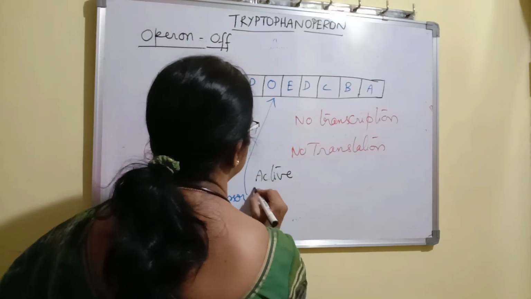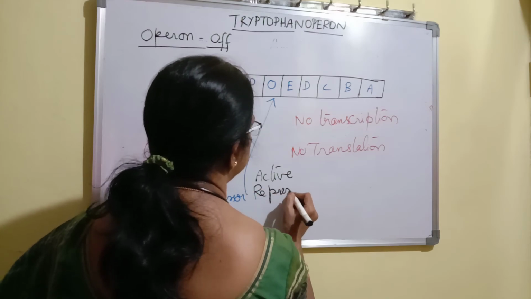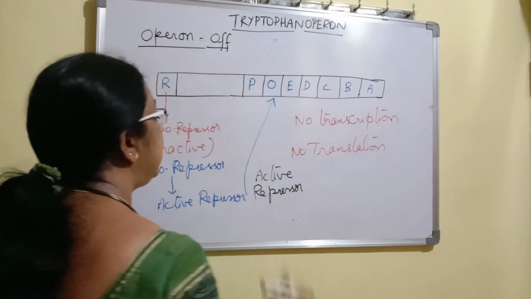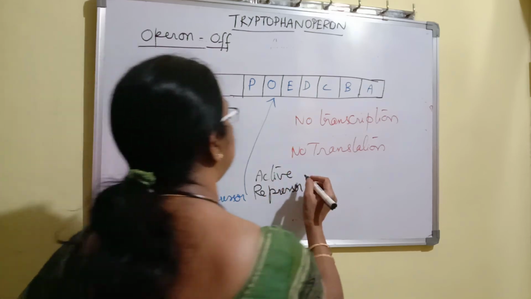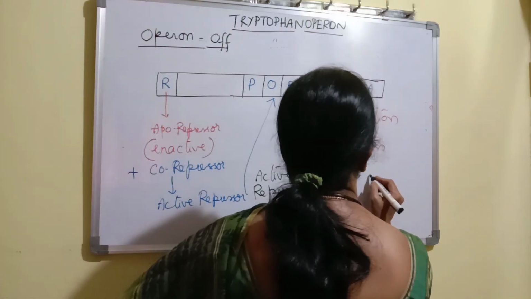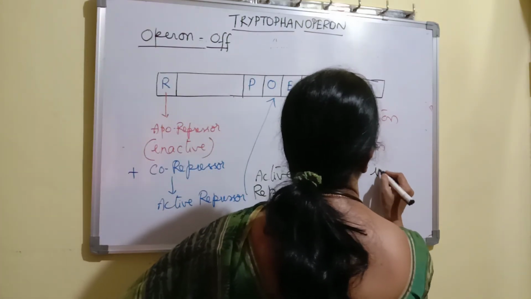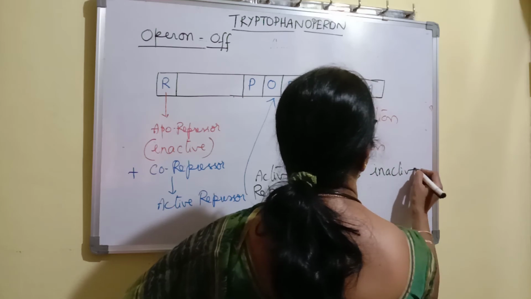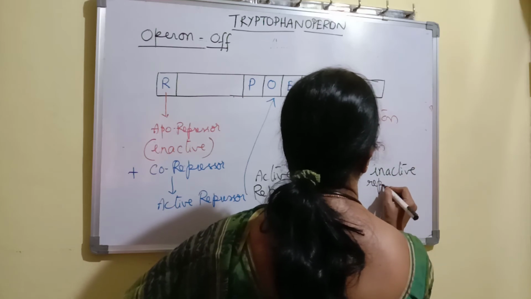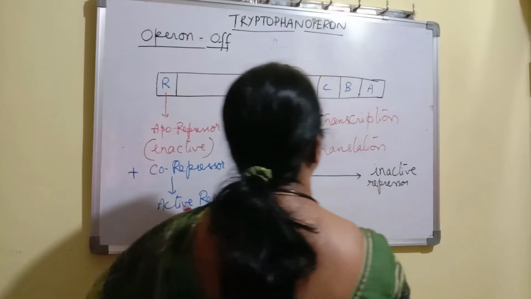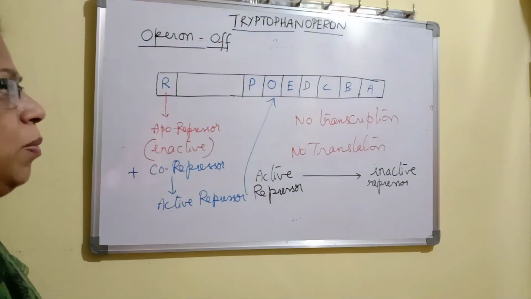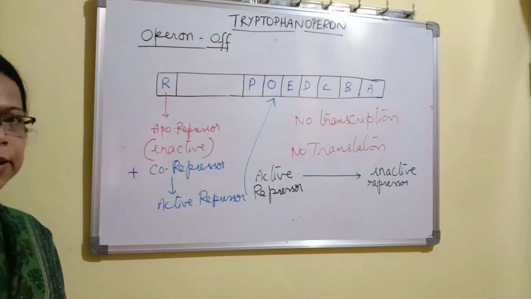To summarize, this is how we can write. Suppose there is an active repressor. This active repressor can be converted into inactive repressor. So when will it be in inactive form? When there is transcription taking place.